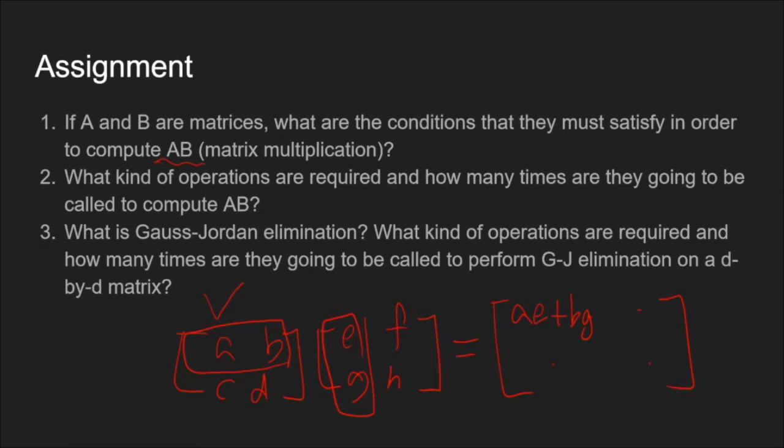Otherwise, it's not compatible. So if A is an M by N matrix, then the matrix B needs to be N by, let's say, P. That's the condition that you want to satisfy.